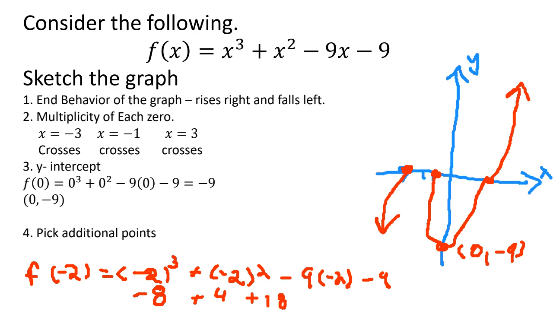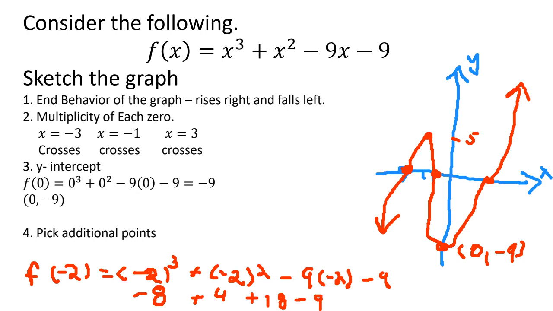And then the -9. So 18 minus 9 is 9, plus 4 is 13, minus 8 is 5. So when x is equal to -2, the value is 5. I have this point here. And voila, I can now connect my graph.